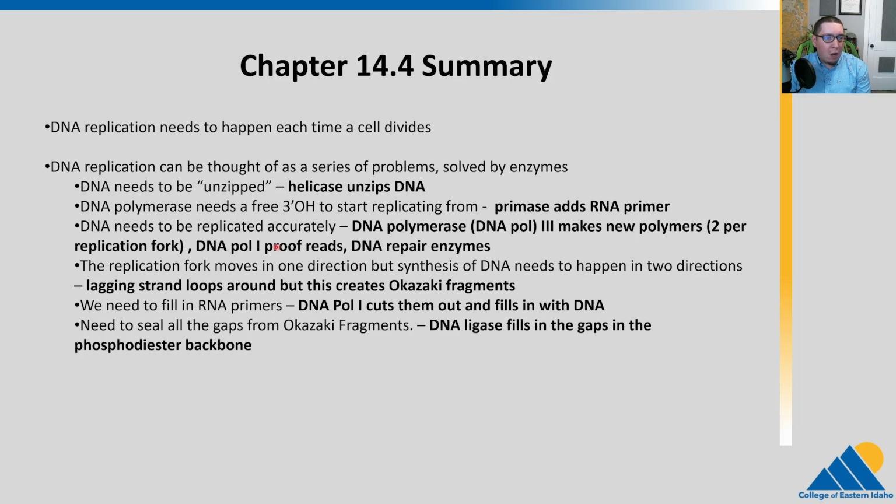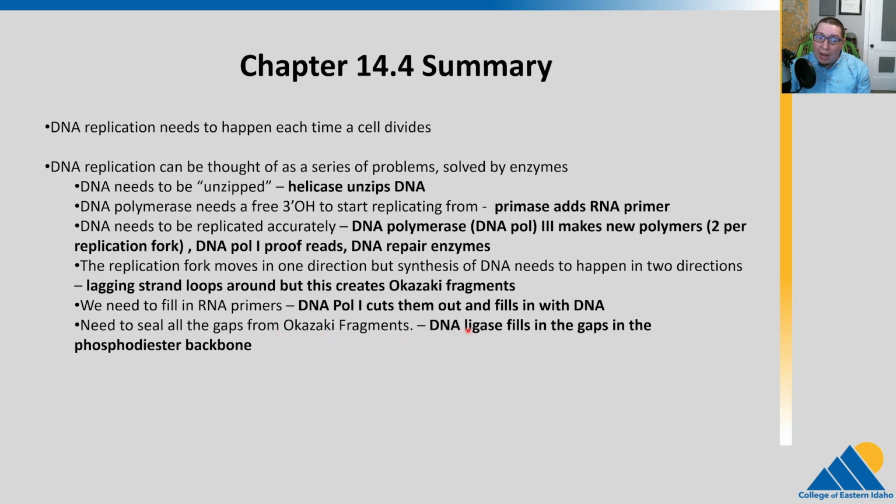We saw that the replication fork moves in one direction, but we got to make DNA in both directions. So we saw that these looping strands on the lagging side got created, but that made little Okazaki fragments, which needed to be fixed, basically. So we need to fill in the RNA primers. DNA polymerase I came in and cuts them out and fills them in with DNA. And then we need to seal the gaps from the Okazaki fragments.